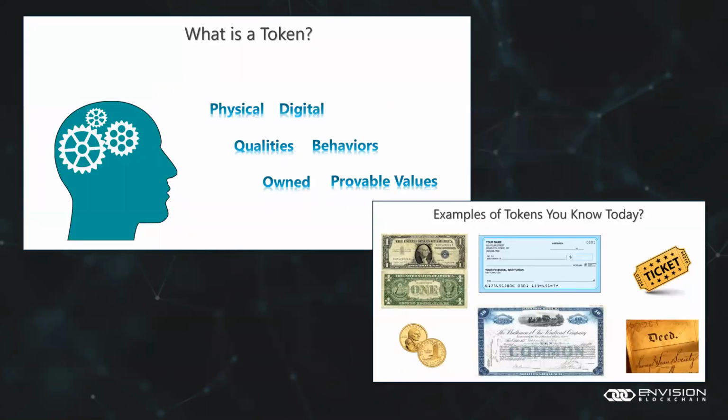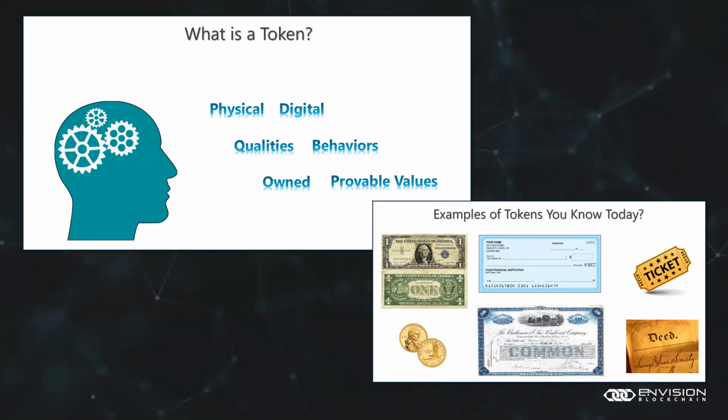What is a token? Many individuals, when focusing on technology, leave the realm of where we actually exist today. And a token, if we really break it down, which is what the Token Taxonomy Framework has really done, is really defining what a token is. But first, let's understand it in the physical world. It can be a representation of, let's say, $1.